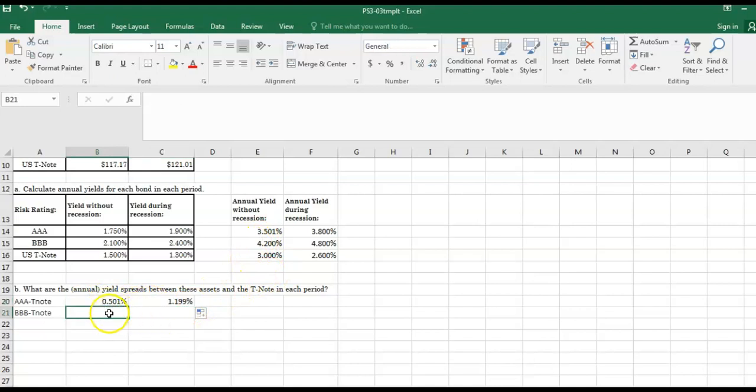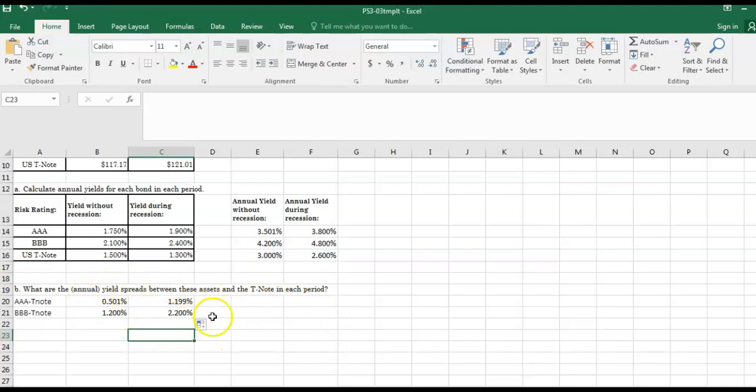If I do the same thing for my triple B bond, these are my riskier bonds compared to my triple A. As a result, the spread should be even higher. So we are going to take the difference between our triple B yield and our T-note yield and find it as 1.2. And then in a recession, it is 2.2. Those increasing yields then reflect the financial market pricing in a higher expectation of risk.